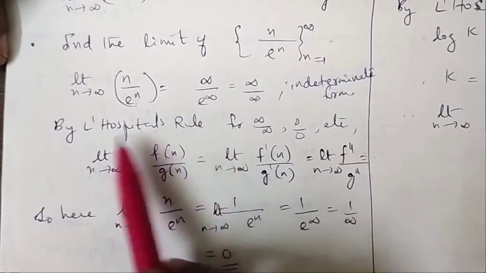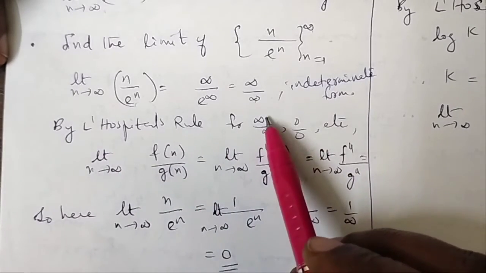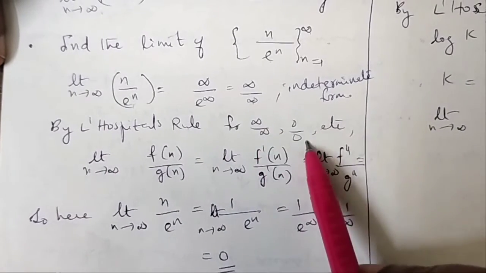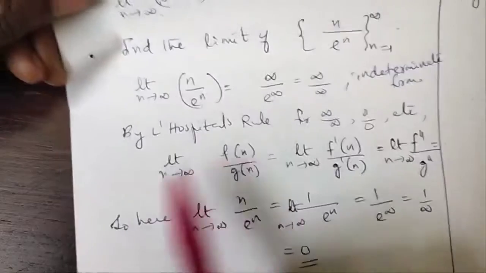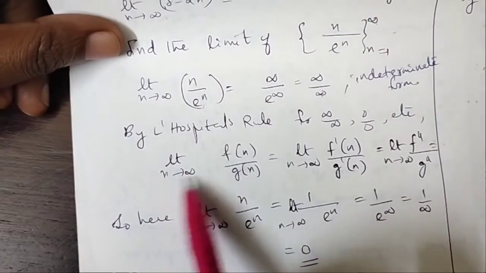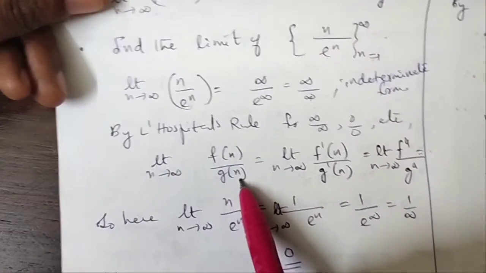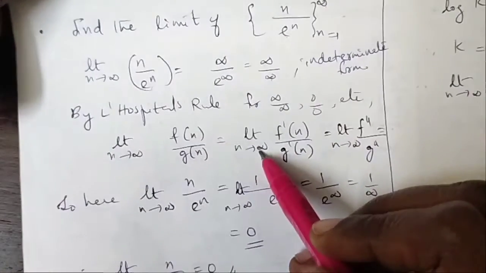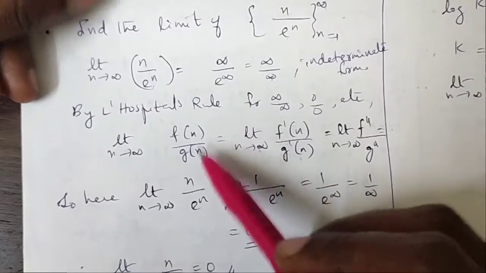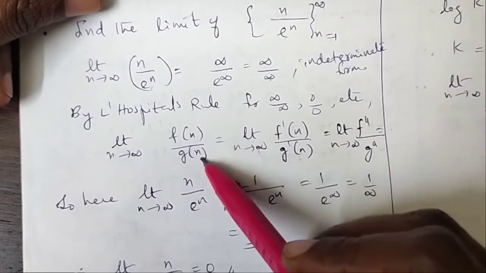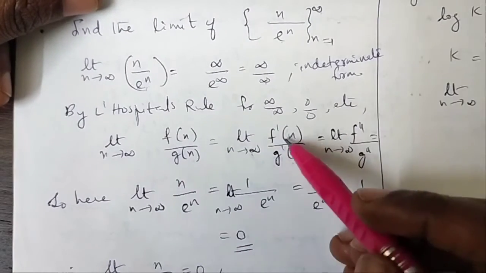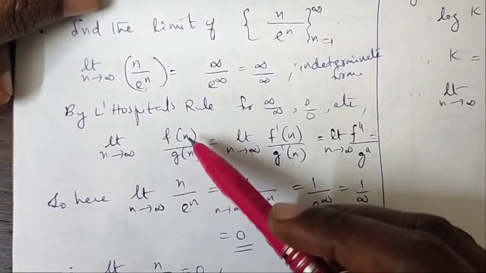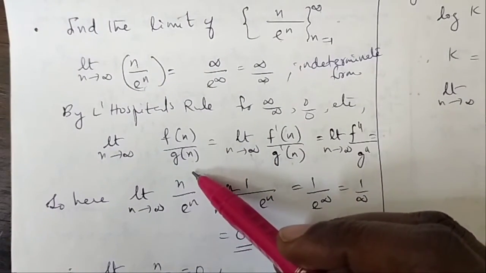So by L'Hospital's rule, if you get a limit as infinity by infinity, 0 by 0, etc., how will you find the limit value? Limit as n tends to infinity of f of n by g of n is the limit as n tends to infinity of f dash of n by g dash of n. That is, if it is infinity by infinity or 0 by 0, find the derivatives of the numerator and denominator separately, not using any quotient rule.